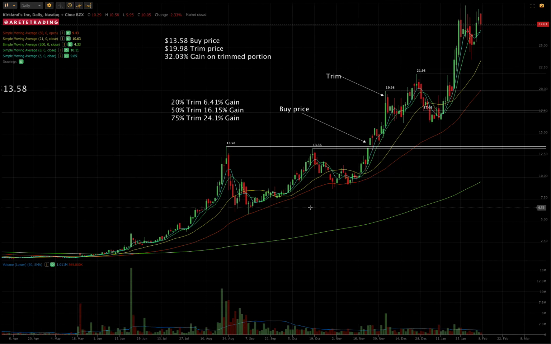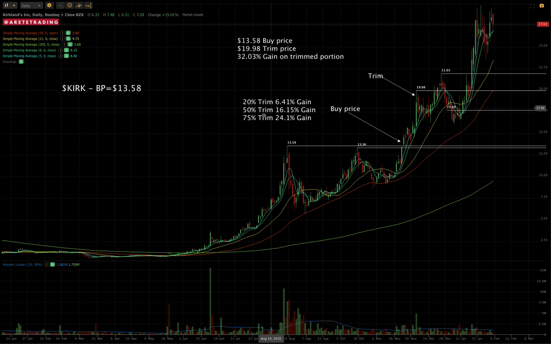This was an older one, we've only been doing these since November, but what's interesting is here's one where your buy price was $13.58. We trimmed at $19.98. We made 32% on the trim portion if we trimmed. 20% would be 6.41, 50% 16.15 gain, 75% 24.01.